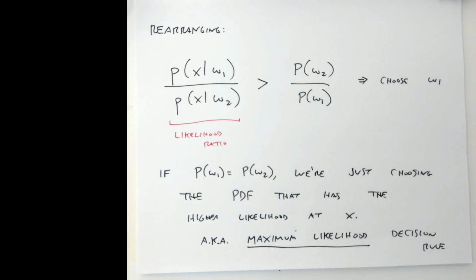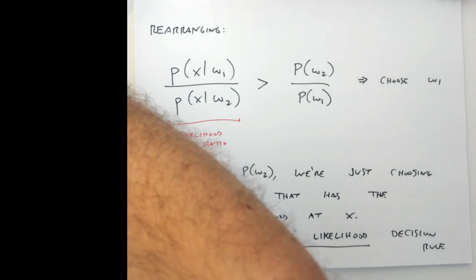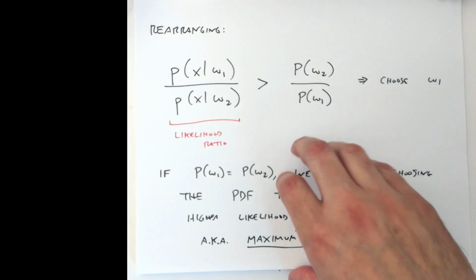Okay. All right, so let's take it a little bit further. More generally, what if I have more than 2 classes? So I got the whole sushi bar. I could have 12 different kinds of sushi coming down the pike. Well, the same idea applies.